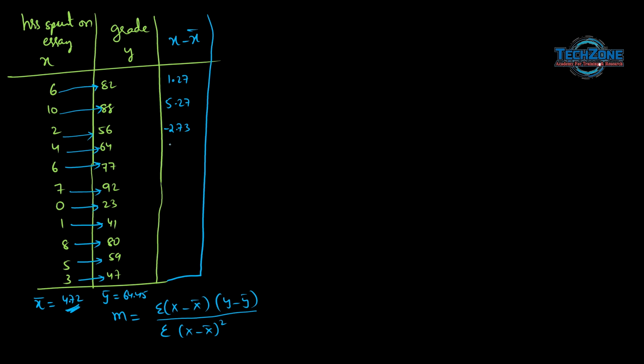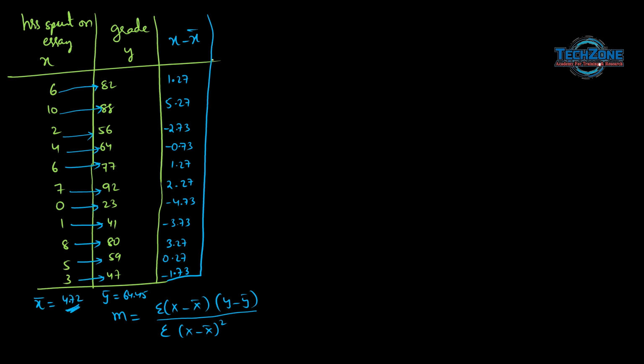I hope you are following. Then 0.73, the next one is 1.27, 2.27, minus 4.73, minus 3.73, 3.27, 0.27, and the last one is minus 1.73. Great, we found the values of x minus x bar.